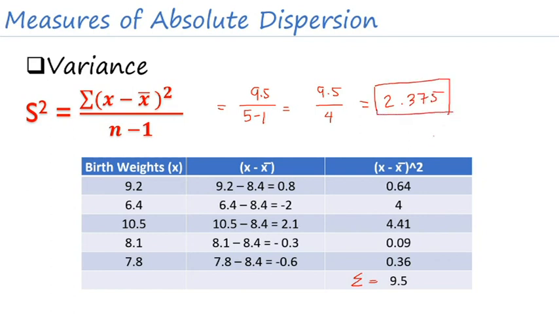This is our variance. So, na-solve na natin yung isa. This is our variance, 2.375. Okay, so madali na nating makuha yung ating standard deviation. Just get the square root of the variance or just the square root of 2.375.